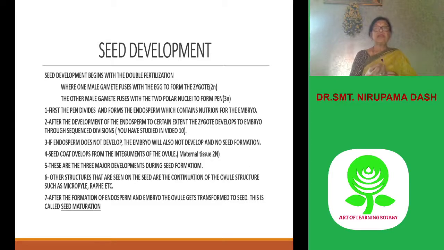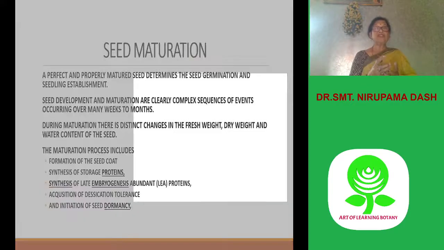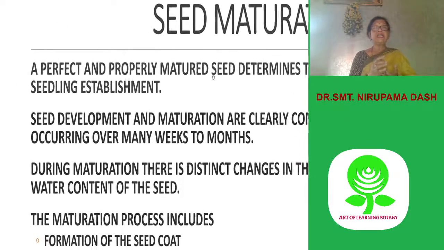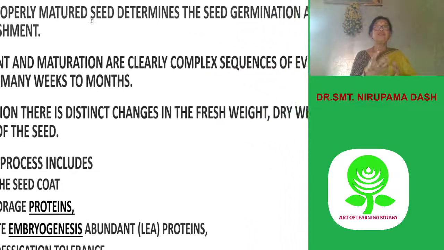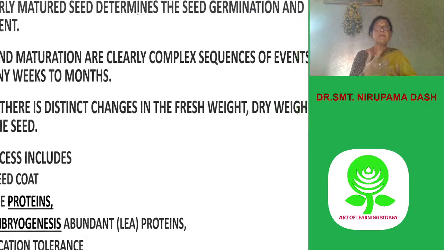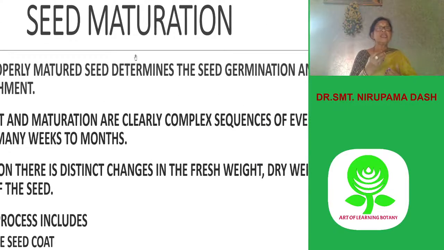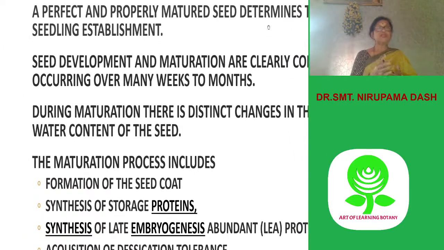Coming to the maturation of seed, a perfectly matured seed determines the viability of the embryo, seed germination, and establishment of the seedling. Seed development and maturation involve complex sequential events, which take place over weeks, months, or even years.